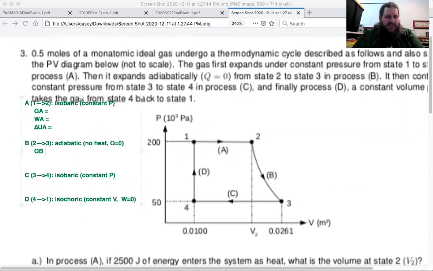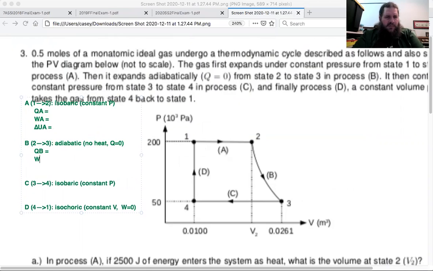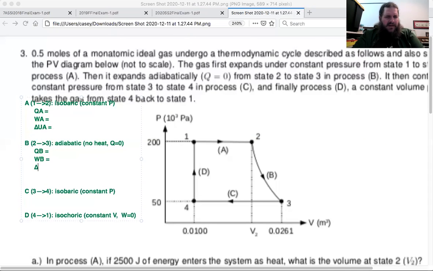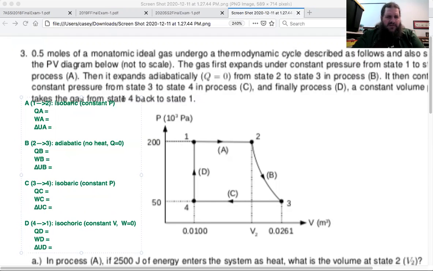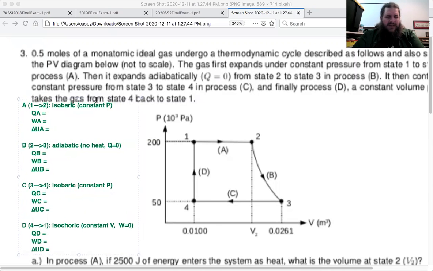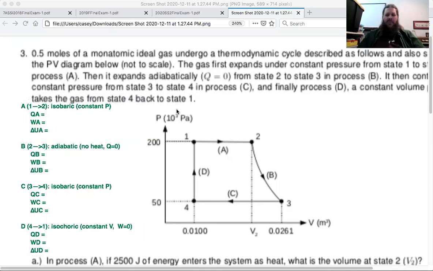We're going to want heat B, work B, and delta U B. And likewise, we'll want heat C, work C, delta U C. And heat D, work D, delta U D. I think this is going to be a very useful way to organize all that information because we're going to probably need all of these pieces.